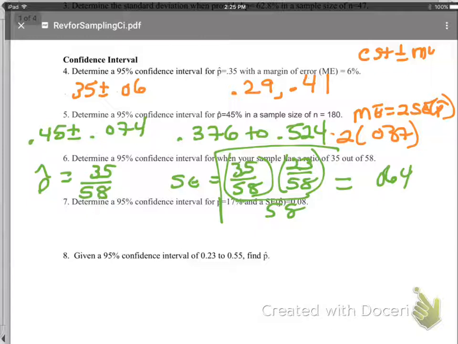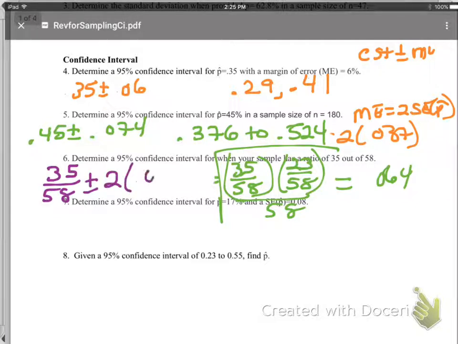And so let's just erase this. And so my formula is going to be 35 divided by 58 plus or minus 2 times 0.064.